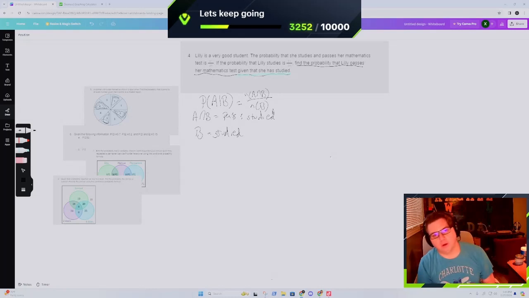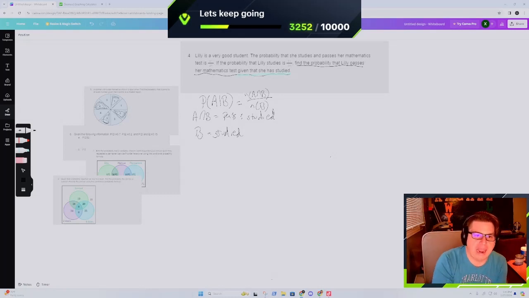There's multiple things going on here, but if we look at what they're looking for and what was given, the given is your B value. That's what that line means, remember, given B. So B means that they studied. Pass and studied, that's going to be our desired outcome.